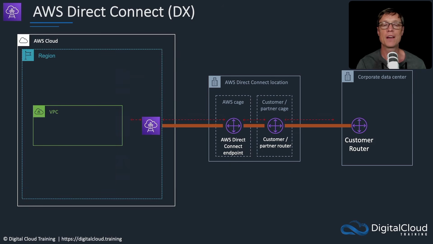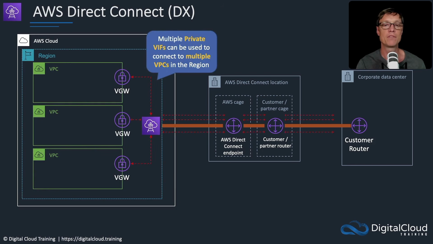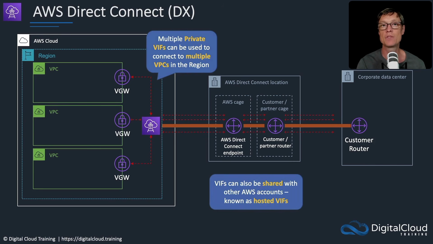Now, what if you want to connect to multiple VPCs in the same region? Well, in that case, you have multiple virtual private gateways and multiple private VIFs to connect to each VPC. You can also create something called a hosted VIF, which means you can share a VIF with another AWS account as well.